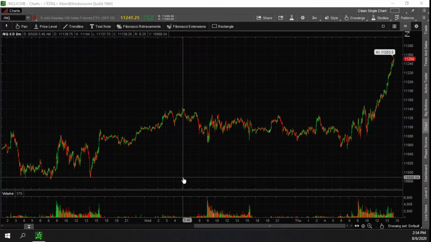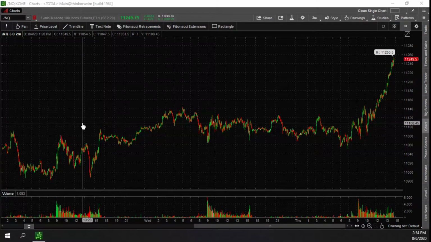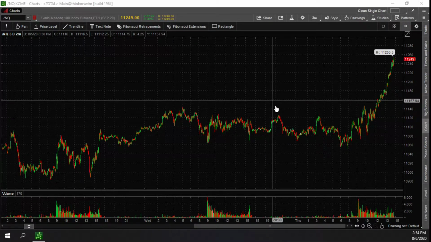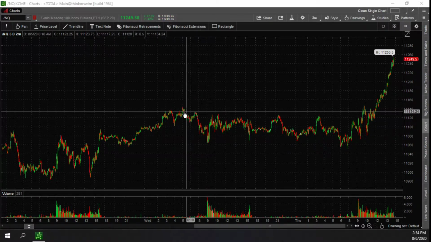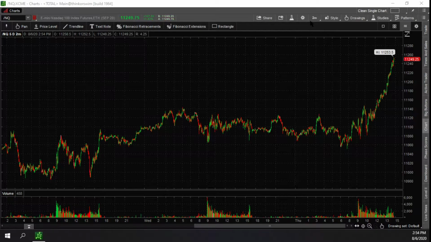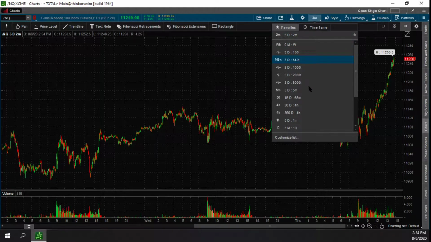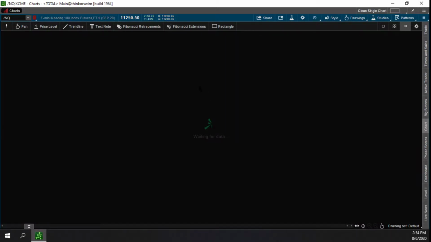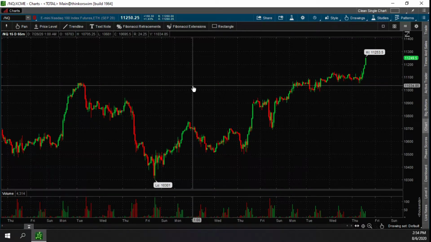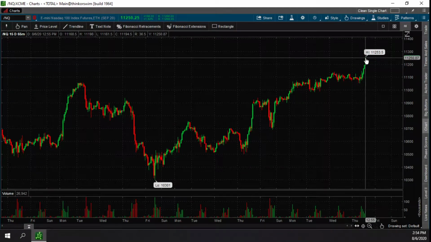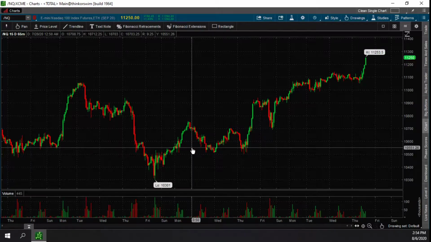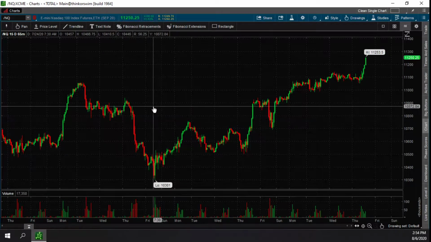I'm using the Thinkorswim platform. The instrument is NQ, the Nasdaq futures, but you could use it on mostly any instrument: stocks, futures, forex. We're going to start with the 15-day, 65-minute chart. The Nasdaq's making new highs as of today, August 6, 2020.